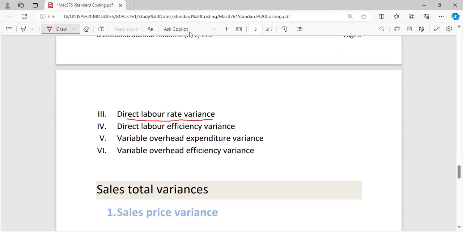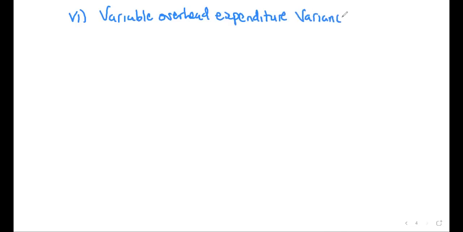Where do we start? We need the formula for the variable overhead expenditure variance.